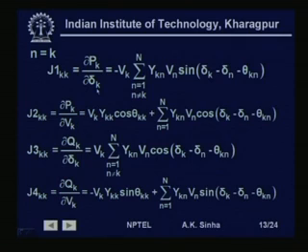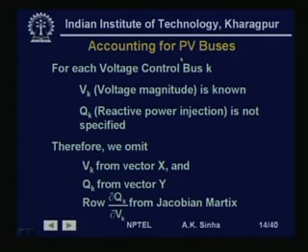So, once we have computed the Jacobian matrix, knowing the value of V k and delta k at the previous iterations, we have the Jacobian as a constant matrix. Now, till now what we have done is we have considered only the PQ buses.